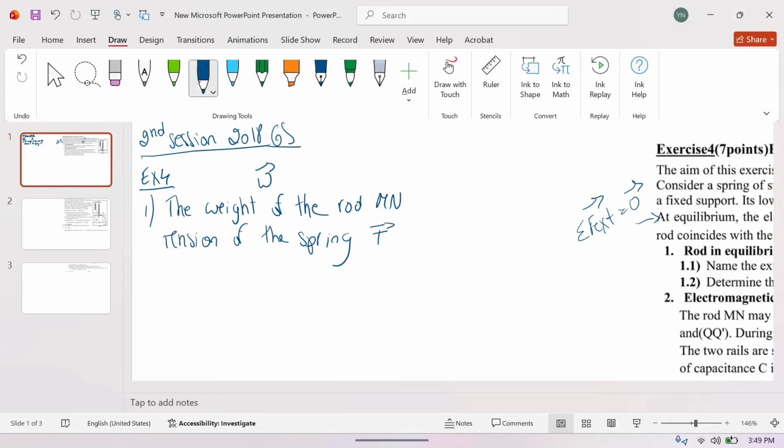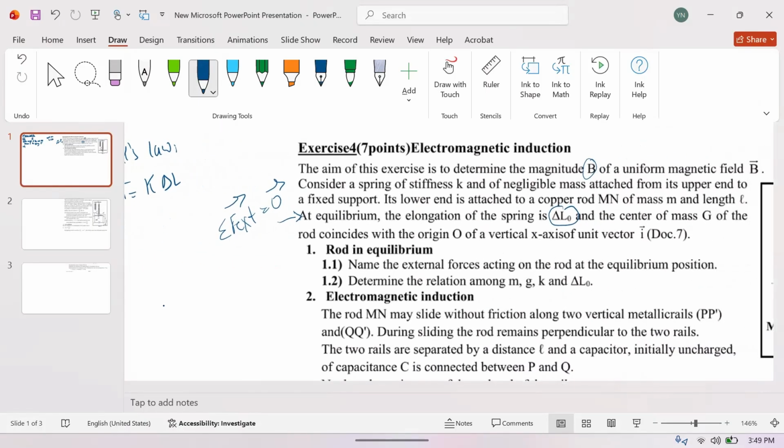And let me remind you of something. When we have the tension of the spring, we can talk about Hooke's law. Maybe it's forgotten by way too many students, but it's really important every time we see a spring. So this is 1.1.